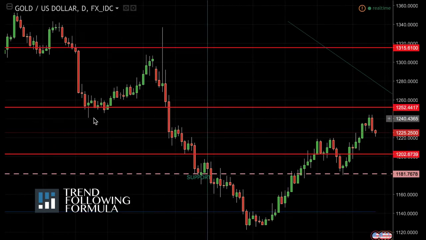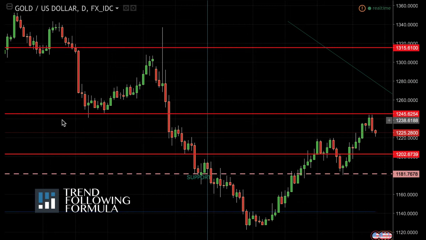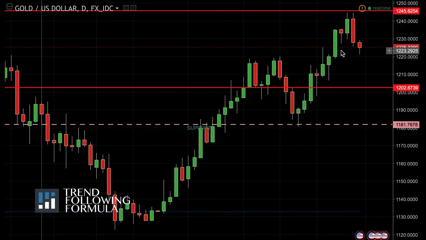If we notice, gold met a resistance, that was the resistance that we mentioned previously, and it started to decline again. Are we gonna be short on gold? No. Basically, it's a very strong uptrend so far.